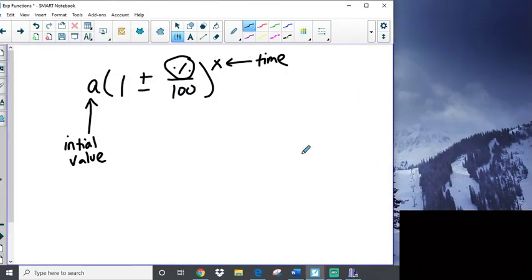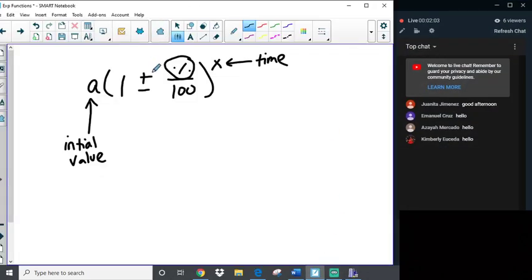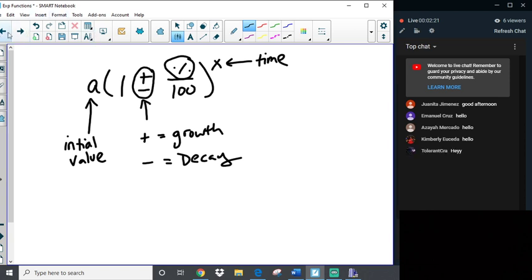We can't stop it and go back. Then, the plus or minus here, remember that the plus refers to a growth, and the minus would refer to a decay. So there you go there. And then we're going to use this today to answer a few word problems.